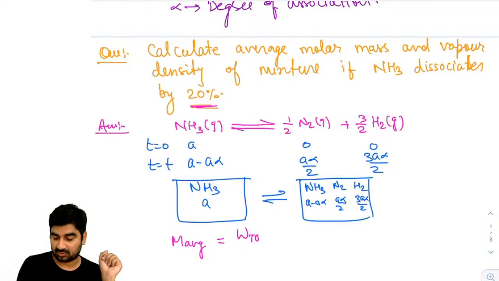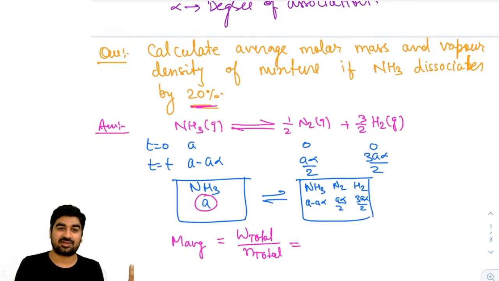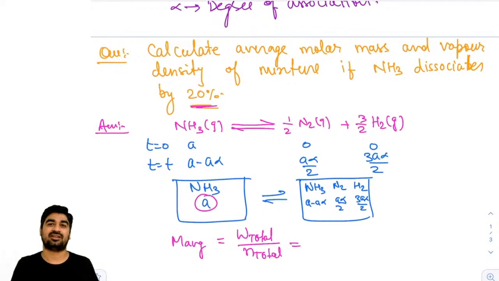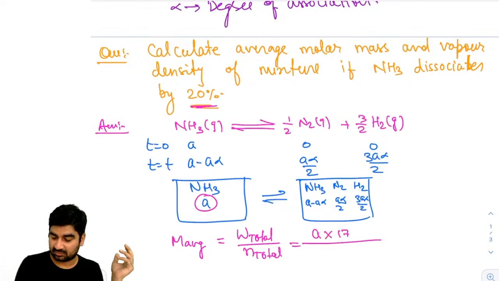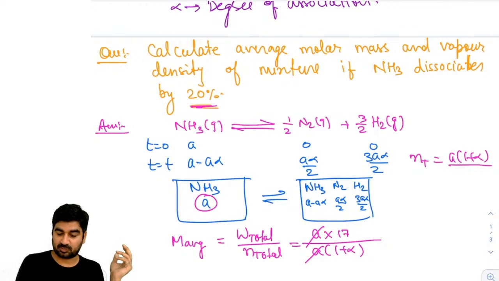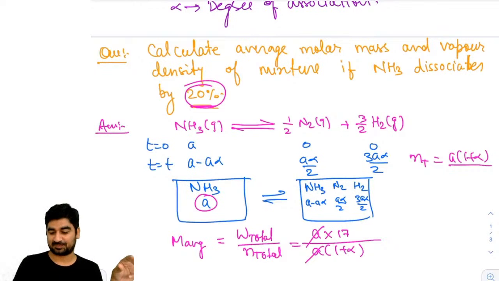M average will be weight total upon N total. The total weight is the same as the initial weight, because during a chemical reaction total mass remains conserved. So you will write A into 17, and N total you just add up, which gives A into 1 plus alpha by 1, cancel it. Now it says alpha is 0.2, 20%. The percentage is given, but you need the fraction.